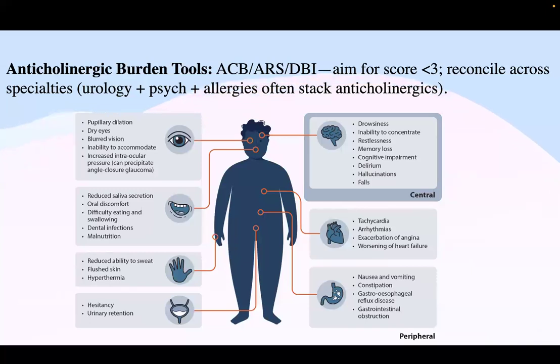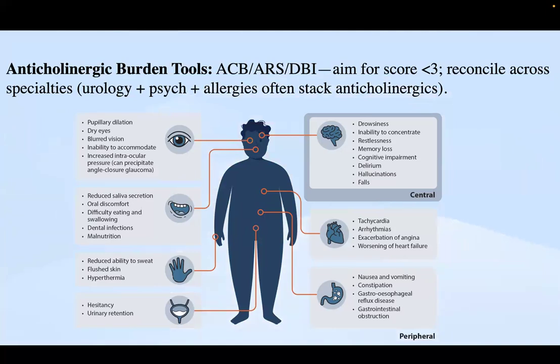Basically, DBI uses actual dose plus drug potency in a formula. I will explain later in upcoming slides, and it is a bit more precise. But the higher the DBI score, the poorer the physical and cognitive function of the patient, the higher the fall risk and the worse the quality of life.